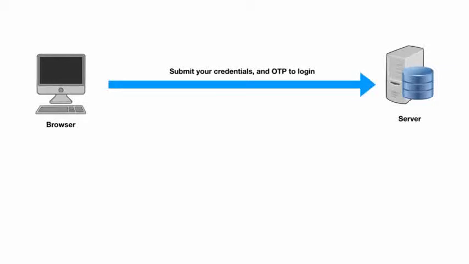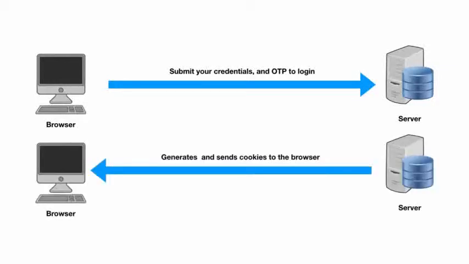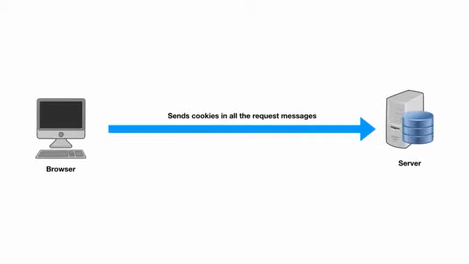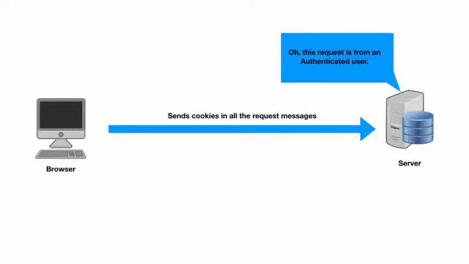Facebook then validates these credentials and then generates some cookies and sends them back as a response. Every time your browser makes a request to facebook.com, these cookies are sent to the server. These cookies uniquely identify you as an authenticated user. Therefore, you're not prompted to enter your username and password again and again as long as you're including these cookies in your requests to the Facebook server.